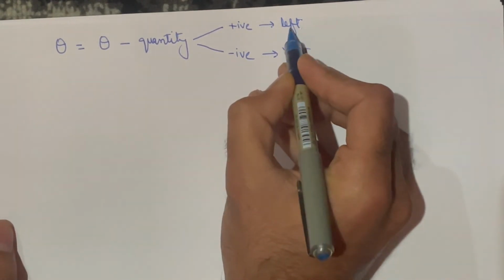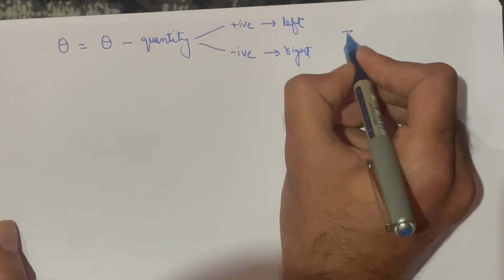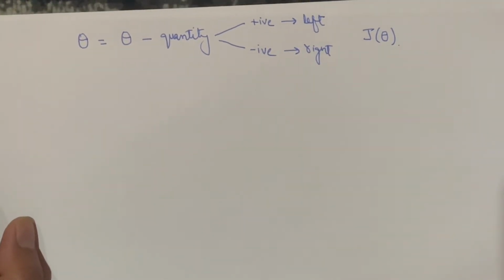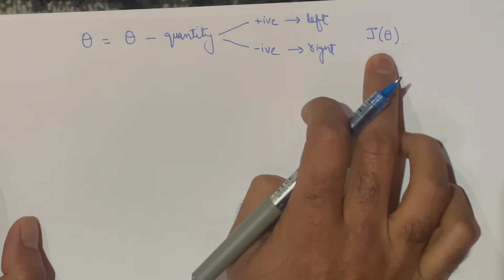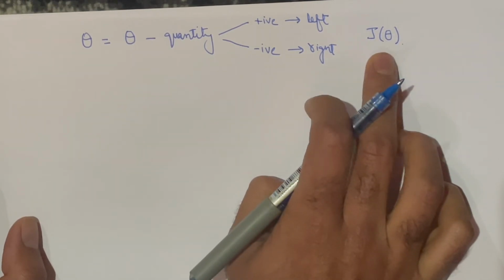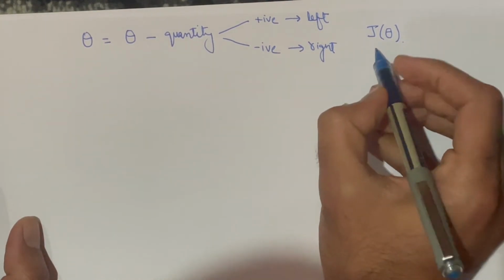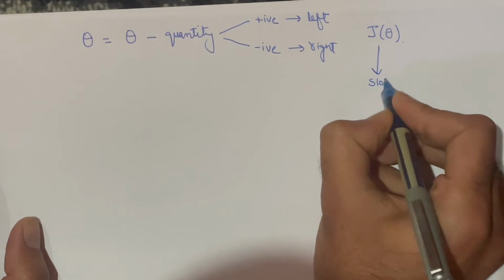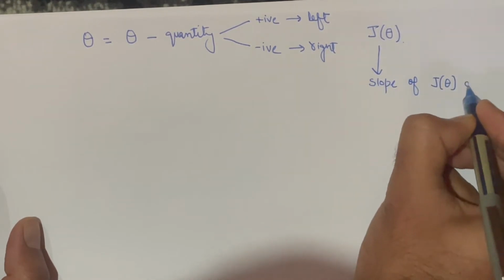Now, whether I have to move to the left or right direction, I have to decide it from J theta. So I have to move in that particular direction in which J theta is decreasing, because we have to decrease J theta. Now, I will find the slope of J theta at theta.